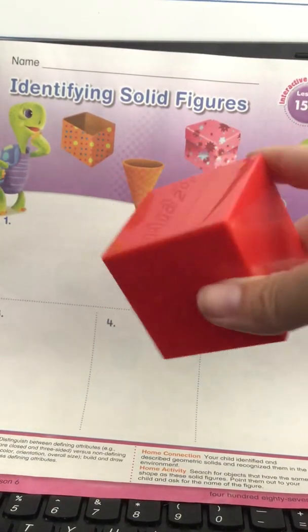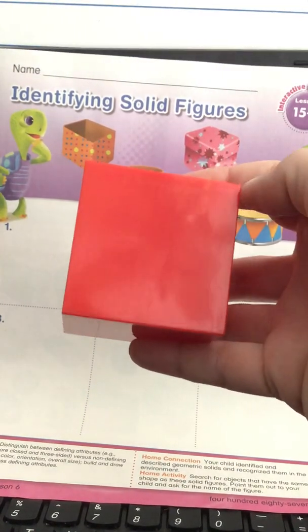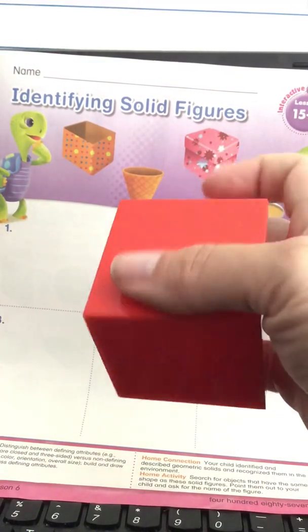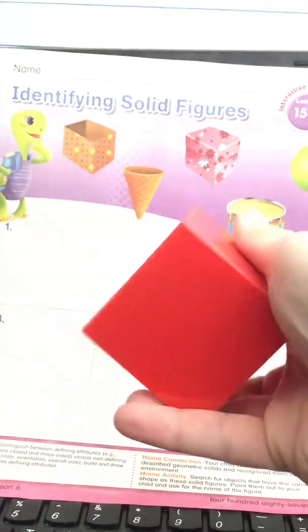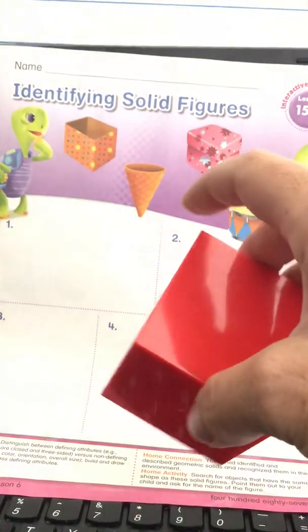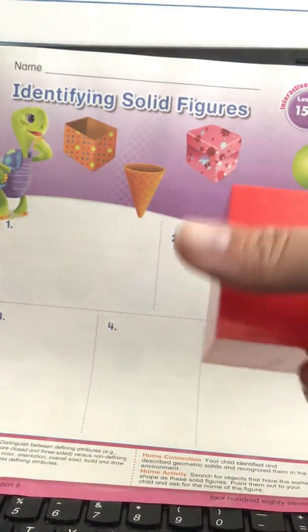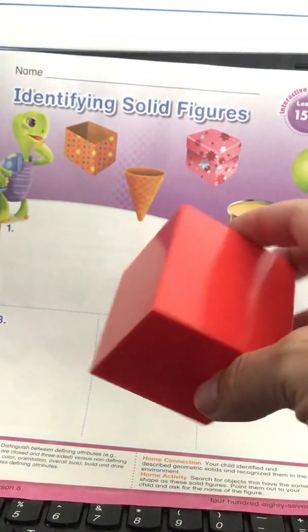So this is a cube, okay? A cube has all squares, so that side's a square, this side's a square, square, square, and then a square over here and a square over there. So it has all flat sides. It has corners or points, 1, 2, 3, 4, and then 1, 2, 3, 4, where the flat sides come together.